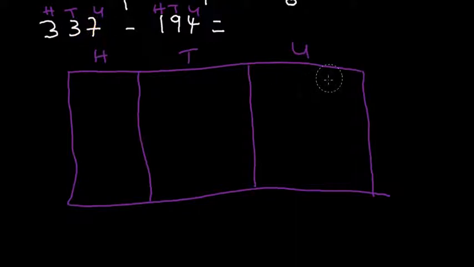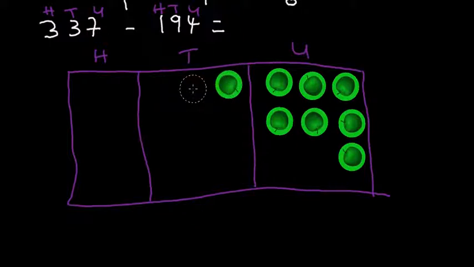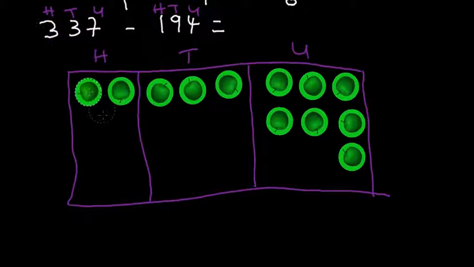So 7 apples go into the units column: 1, 2, 3, 4, 5, 6, and 7. 3 apples go into the tens column. And 3 go into the hundreds column: 1, 2, 3.